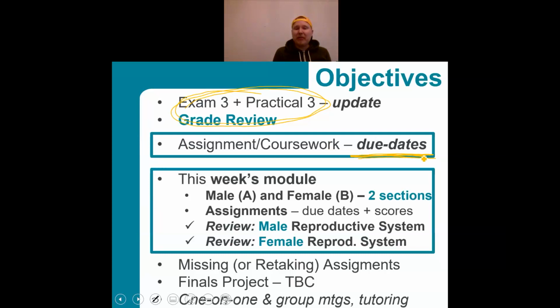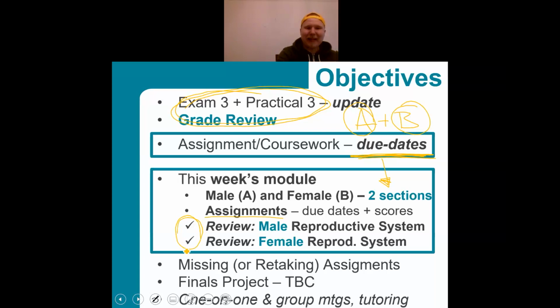This week's material is divided into 2 modules, Module A and Module B. So make sure as you are completing the assignments that you complete the assignments from both of those. When you're doing the assignments, pay particular attention to that. Also, the material is divided into those 2 modules, so we'll cover 2 sections.